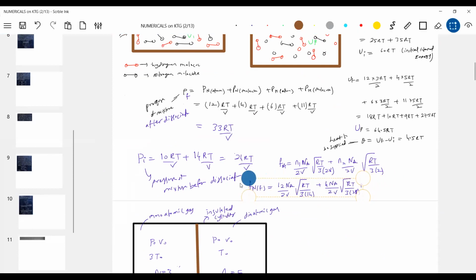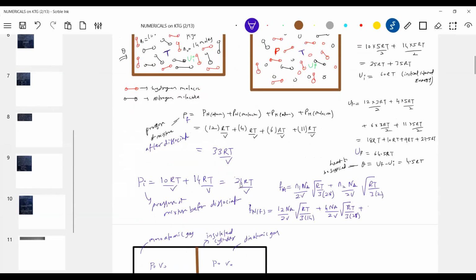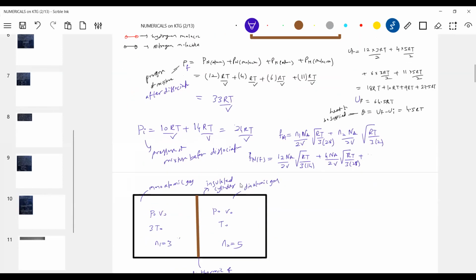All the things you have to work out, you have to think for everything. We have taken 3 moles, no? So 6 will come. Check it now.